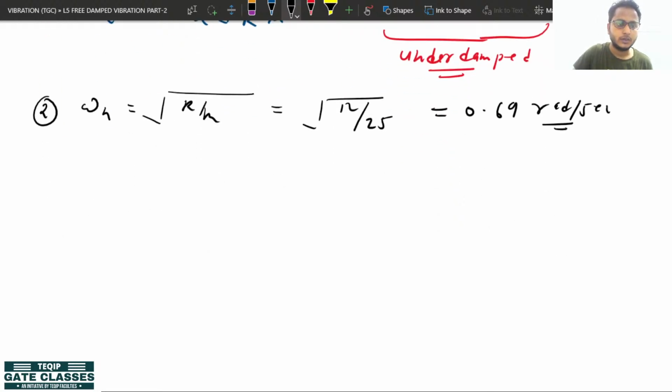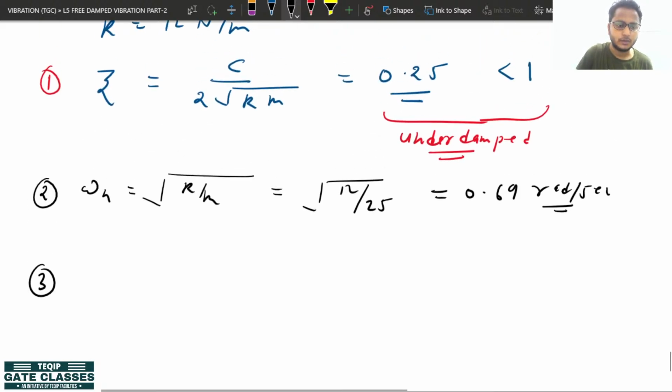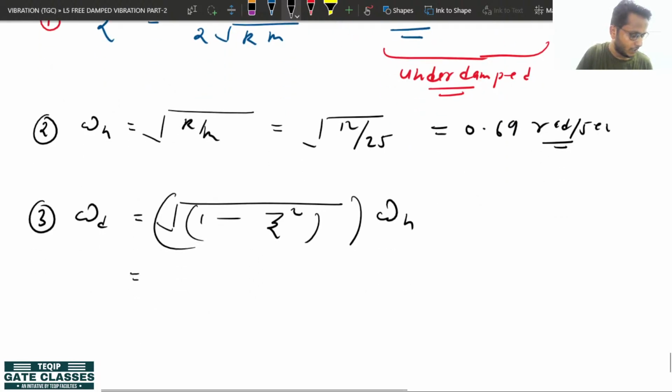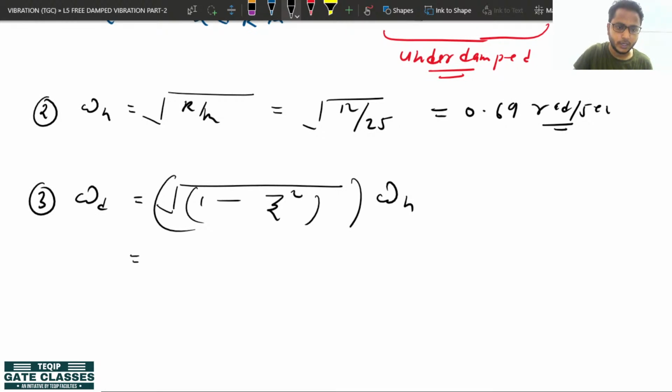Then question number 3 is asking for the damped frequency. Damped frequency, we know that it is root of 1 minus zeta square, multiplied by omega n. So we have the value of zeta as well as the value of omega n. Zeta is 0.25.